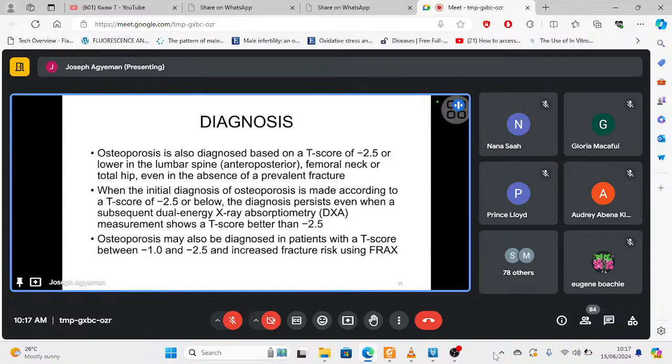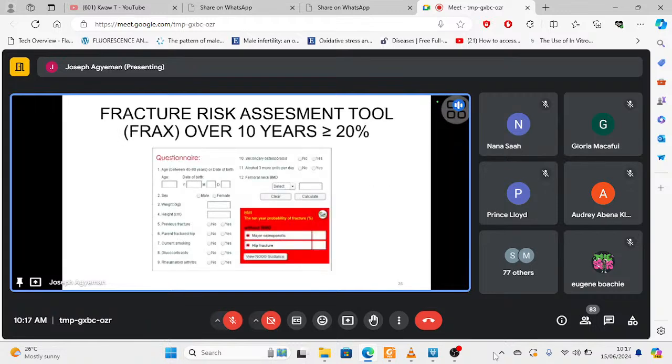If somebody has ever had a lower measurement, even if it improves but is still below the average, that is, it now comes between -1 and -2.5, once it is still not up to the mean or above the mean, it is still osteoporosis. It doesn't mean that there is an improvement so the person no longer has that problem. It is still there. So according to the guidelines, this is how osteoporosis is diagnosed.